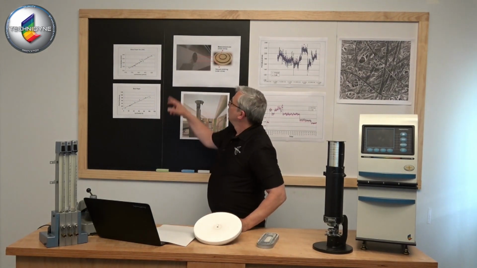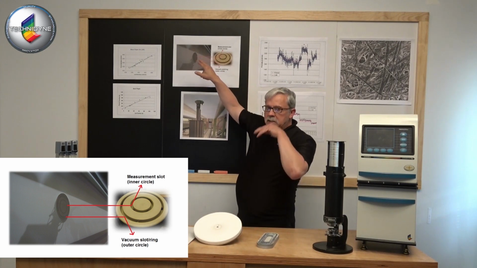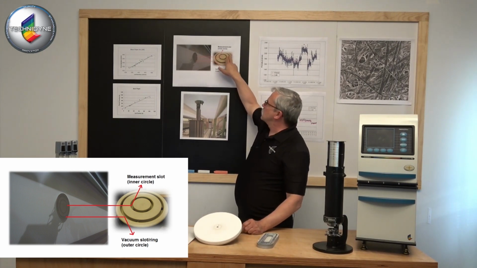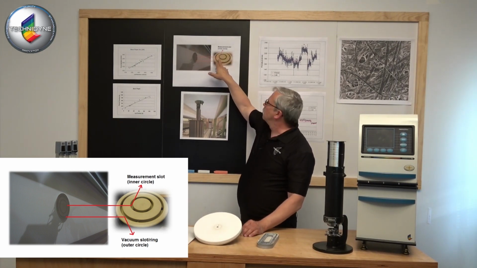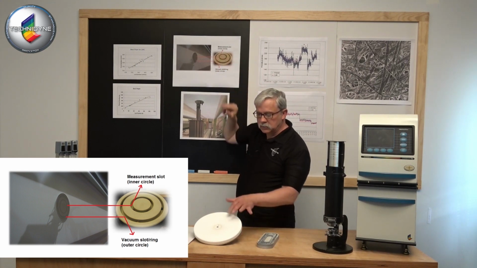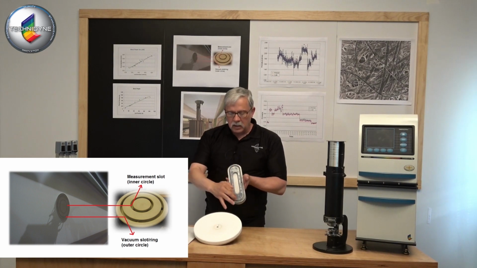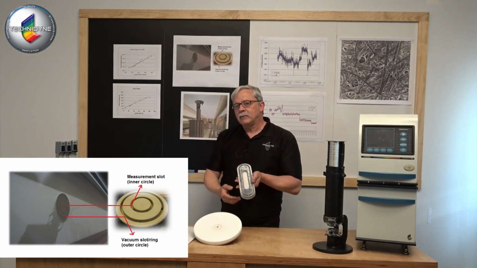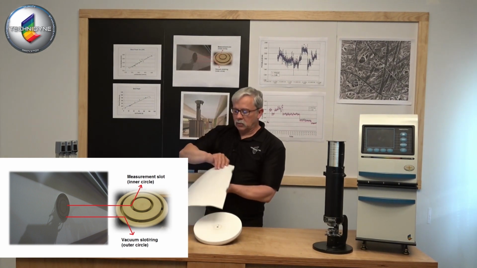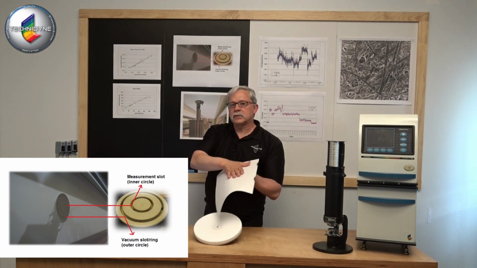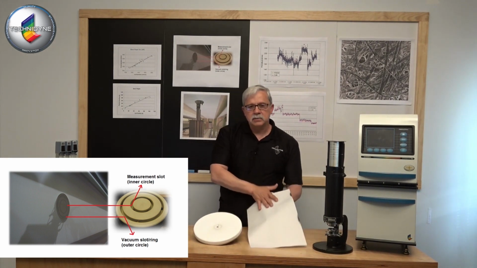Essentially, we have two sets of rings that are grooves cut into the measurement head, very similar to this here. We have an outer ring where we create a vacuum that will actually hold the sample tight to the surface of this measurement head as the web is moving.